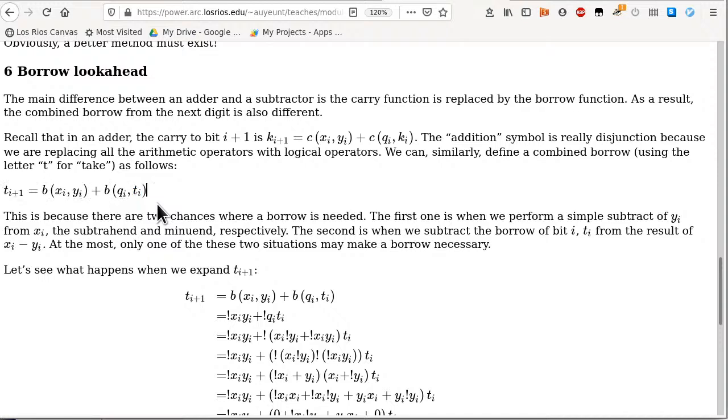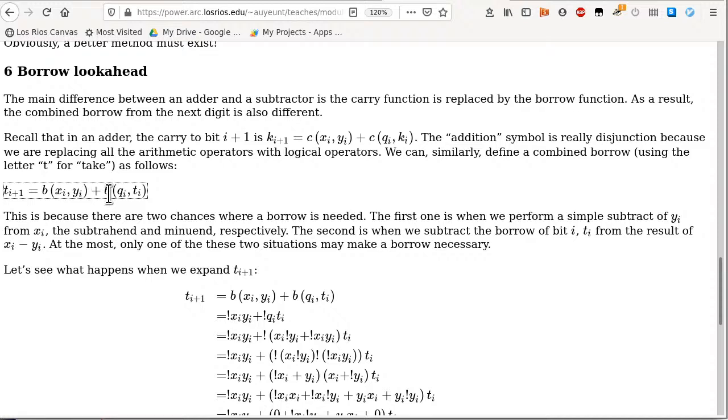With the qi minus ti scenario, you can have 1 minus 0, or you can have 1 minus 1. Neither is going to have a borrow of 1. So we know that when this side is a 1, this side has got to be a 0. Okay? Now it works the other way too. When this side is a 1, we also guarantee that this side is going to be a 0.